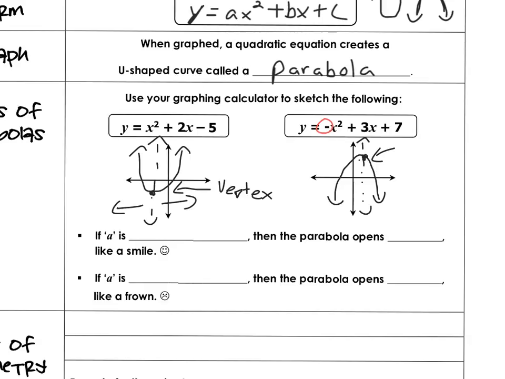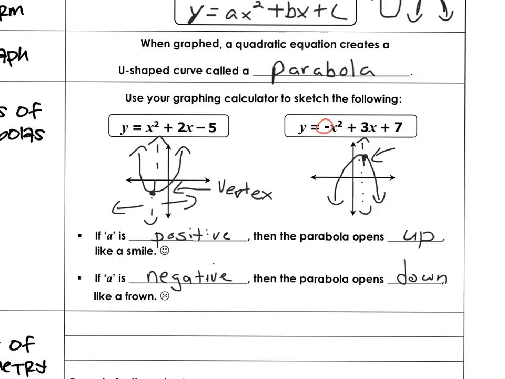point on this parabola. So if A is positive, and I hope you figured that out by using your graphing calculator, then the parabola opens up like a smile. If A is negative, then the parabola opens down, and we figured that out just by using our graphing calculators.